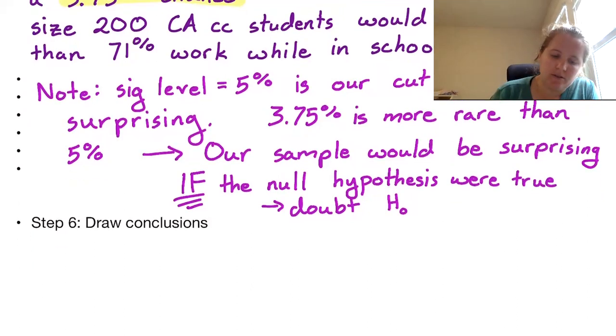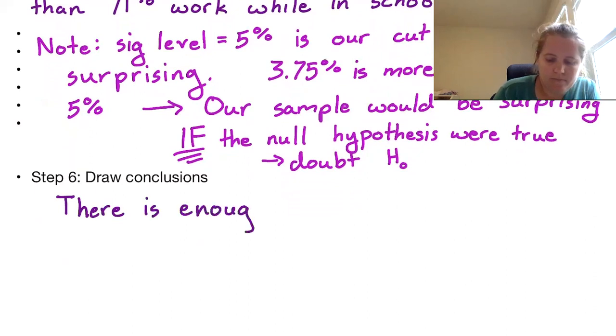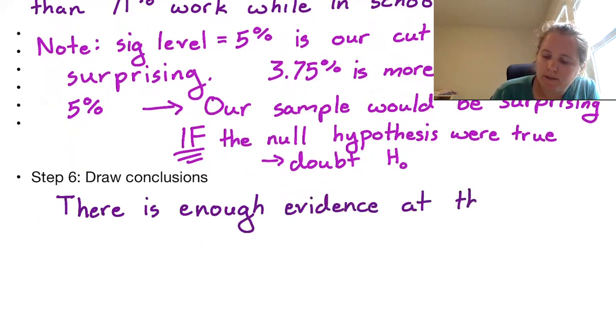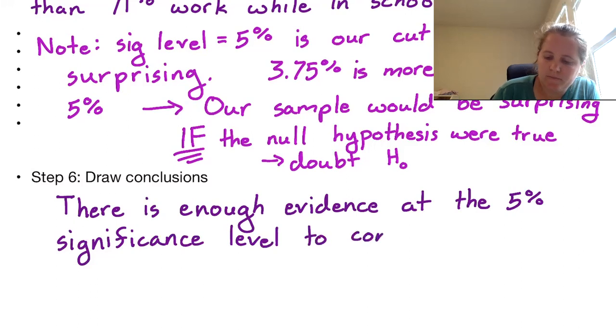So our final conclusion would be there is enough evidence at the 5% significance level to conclude our alternative hypothesis.